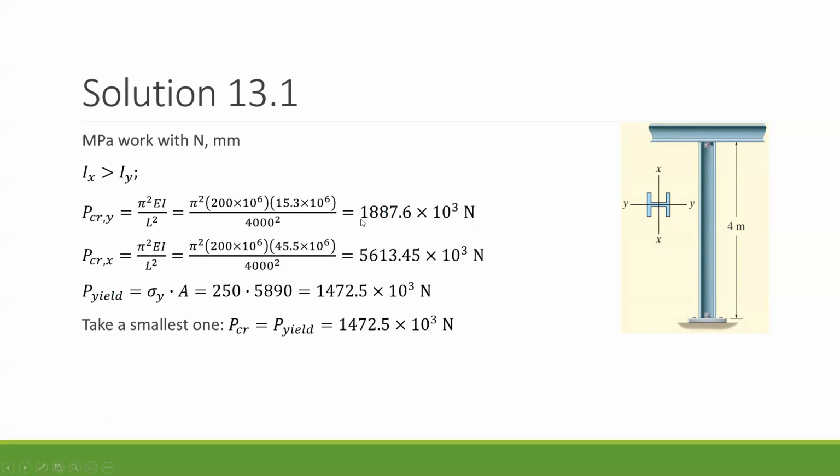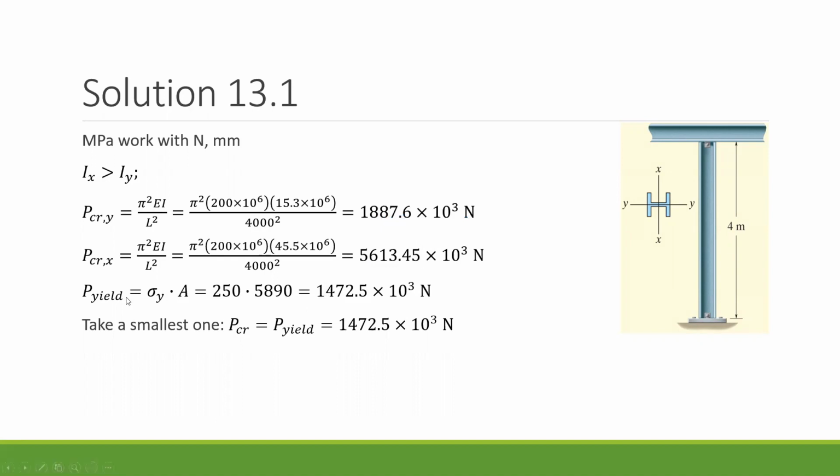You can see we have three values. The first value is 1,887 kilonewton. The second one is 5,613 kilonewton. The third one is 1,472 kilonewton. So which one is the smallest?